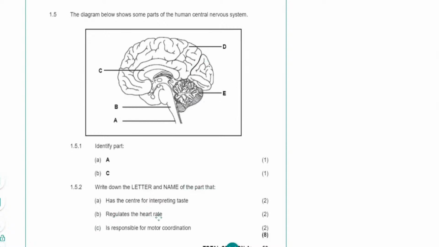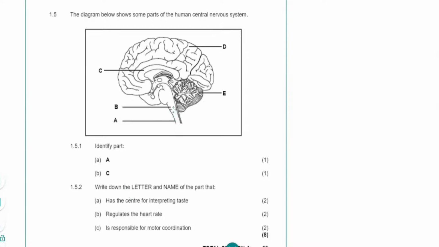Regulates the heart rate. Heart rate is an involuntary action. It is an action you don't have control over. So if you don't have control over that, the part which controls involuntary action must be next to the spinal cord, because the spinal cord does not need reasoning.